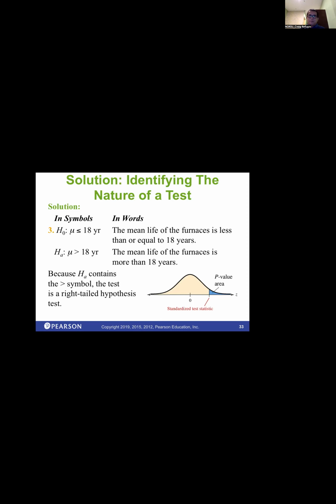If the alternative hypothesis is using less than, so left-tailed. If the alternative hypothesis is using greater than, right-tailed. If the alternative hypothesis is using not equal to, then we have to make use of the two-tailed test. It can be in the left or it can be in the right side.